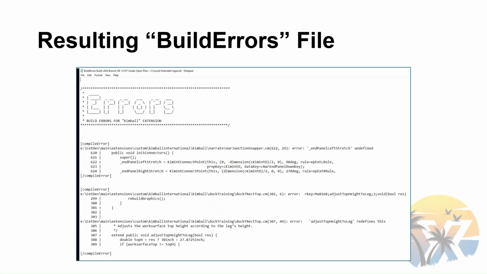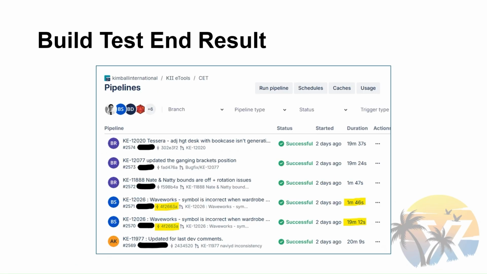So the result here is the build errors file that is created. It just pulls the log out and creates it as a text file. And then, like I mentioned earlier, I have the check success log where you can see with the two highlighted pull requests, the first time it got run, it took 19 minutes to do the build test, which succeeded.